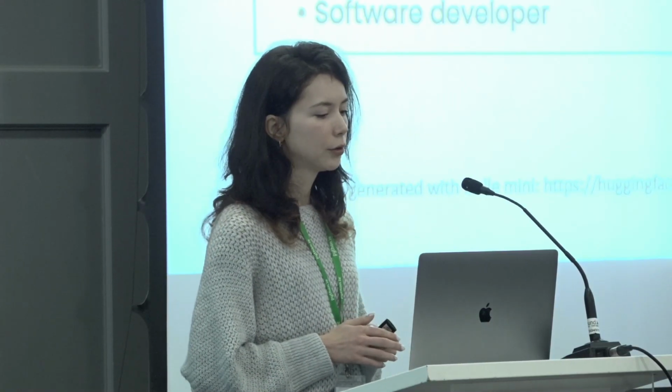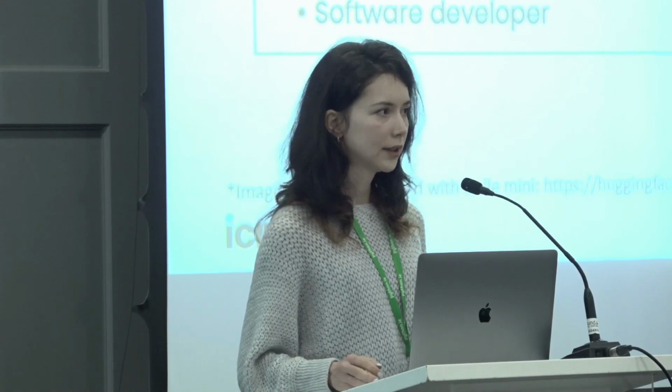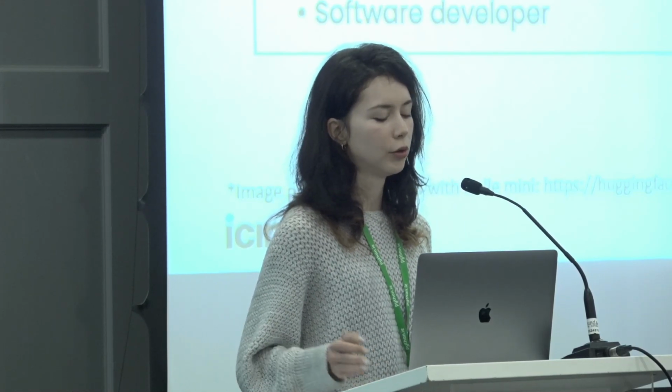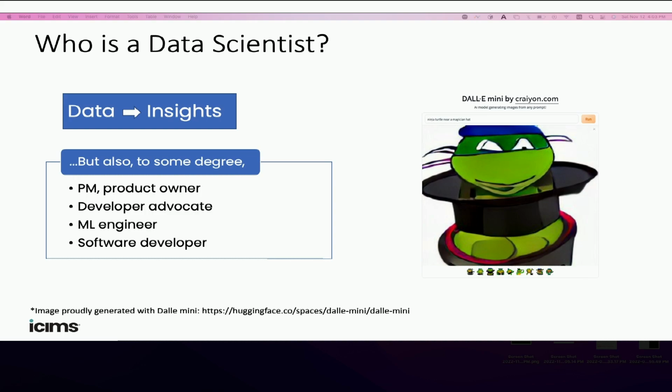And before going to the main topic, let's again describe who is a data scientist nowadays. If briefly saying about what we do, is that we take some data, we transform this data into some insights.